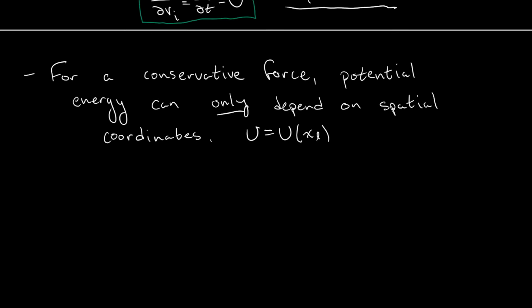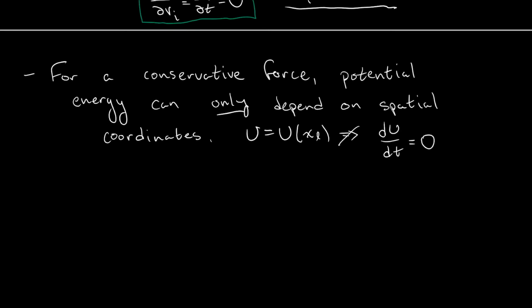Doesn't that mean that the sources of the potential are not moving? Not necessarily, because this does not imply that du/dt is equal to 0, right? So my potential can still change, it can still be dynamical.